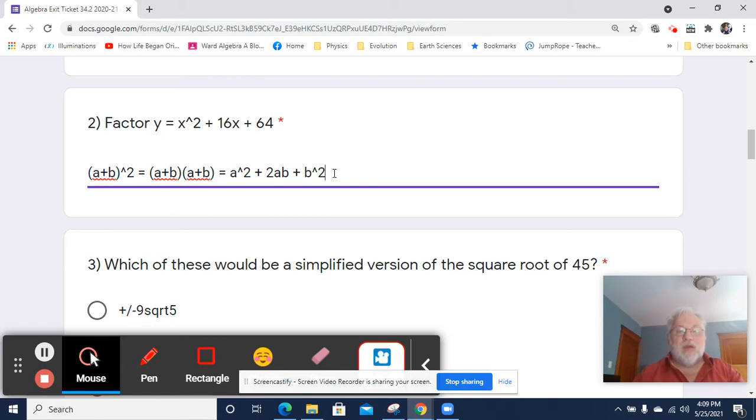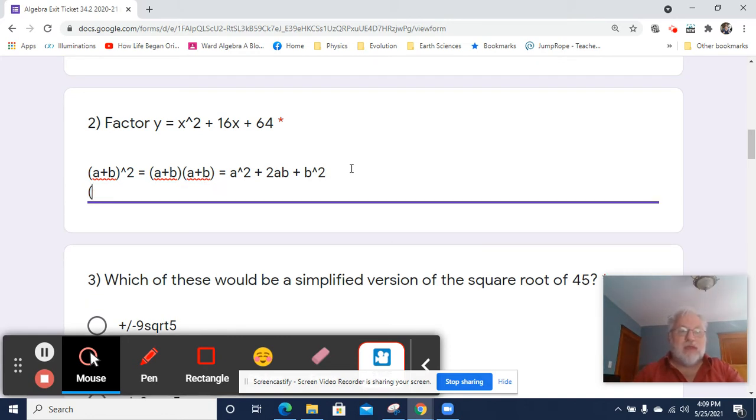So just think in terms of what would a be if this is a squared. In this case, the a would be just x. And we go back to this structure here. So instead of a plus b squared, let's say the square root of x squared, so that's just x. And instead of b, we're going to look at the square root of 64. The square root of 64 is going to be 8.